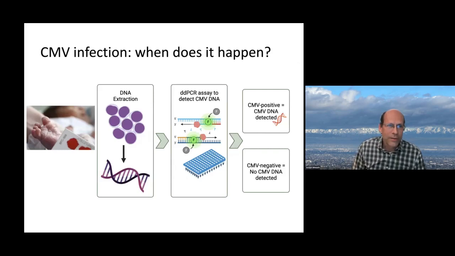Now, the question is, CMV is a ubiquitous infection. Most of us are carrying it. I know I am. So maybe it has something to do with the timing of infection. In order to address that, we looked at neonatal blood spots collected at the time of birth and looked for cytomegalovirus sequences within those blood spots.